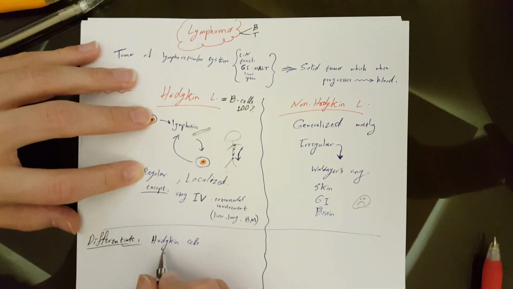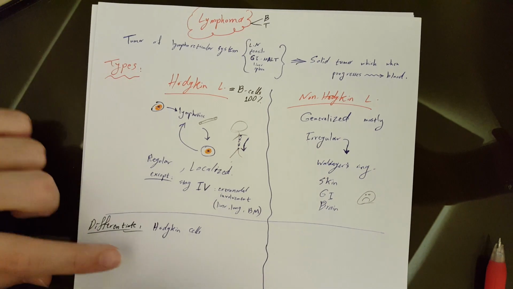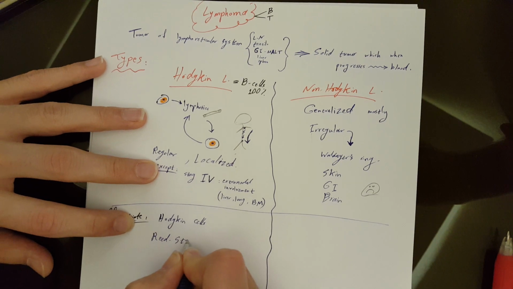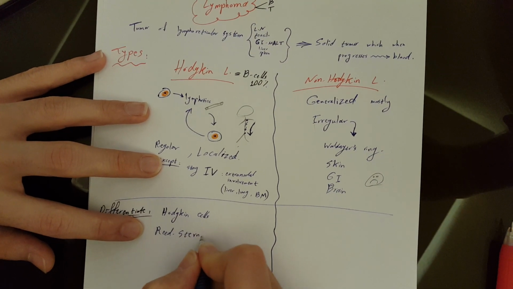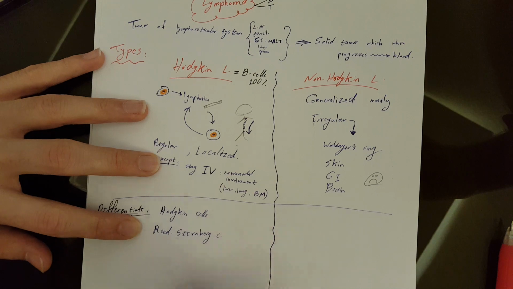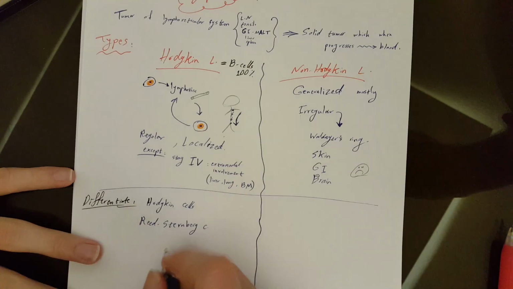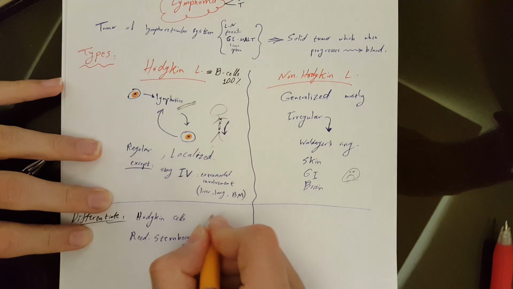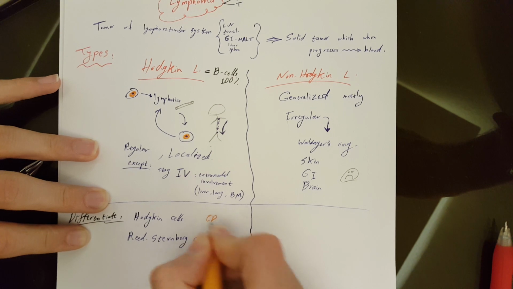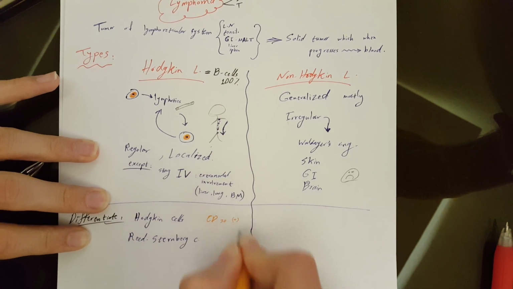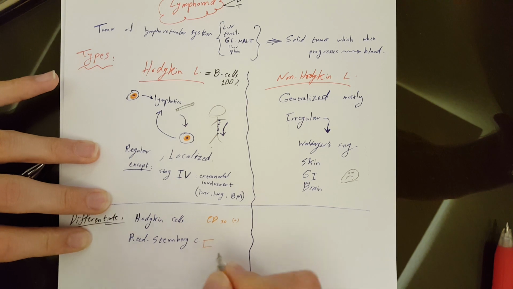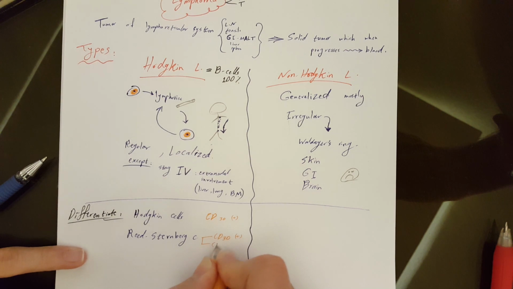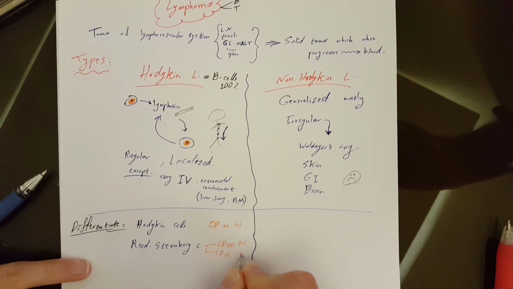The cells that are the tumor cells are Hodgkin cells, and you have the Reed-Sternberg cells, also RS cells. Now what makes these special is the Hodgkin cells, they have the CD, remember, cluster of differentiation, CD30 is positive in here, while the Reed-Sternberg is CD30 positive and CD15 positive.